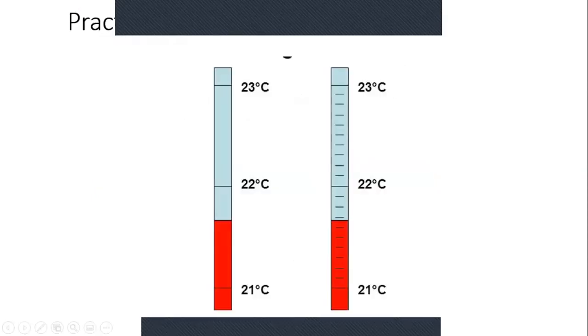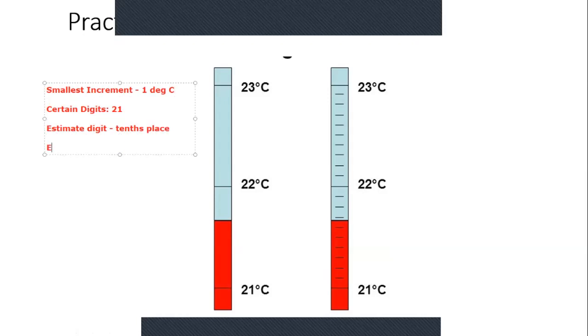Here we have 2 thermometers. So on the first one, the smallest increment is 1 degree Celsius. So our certain digits are 21. The estimated digit would be the tenths place.